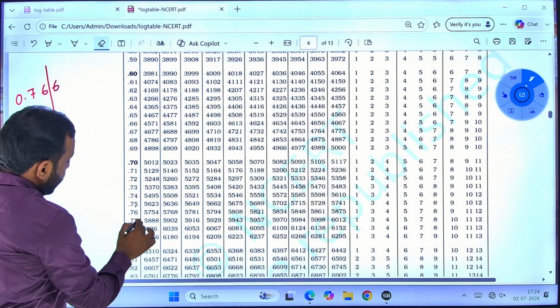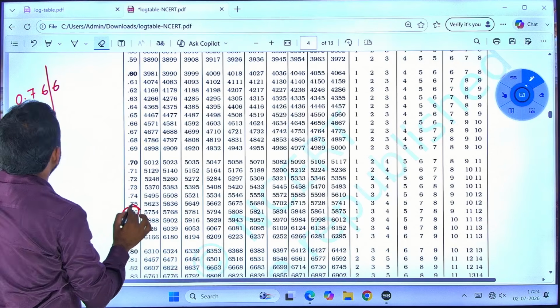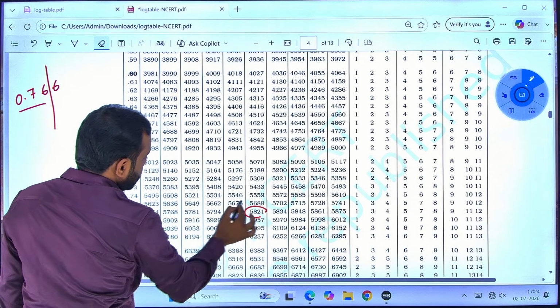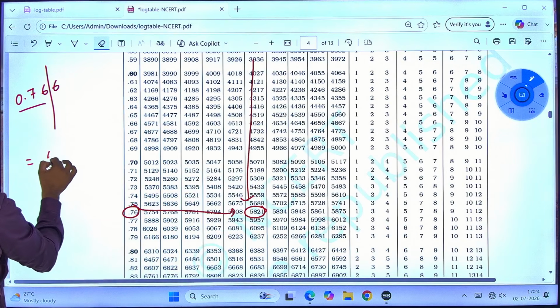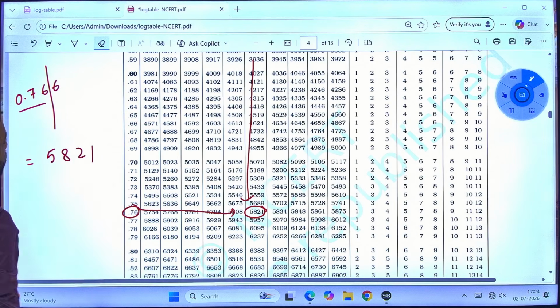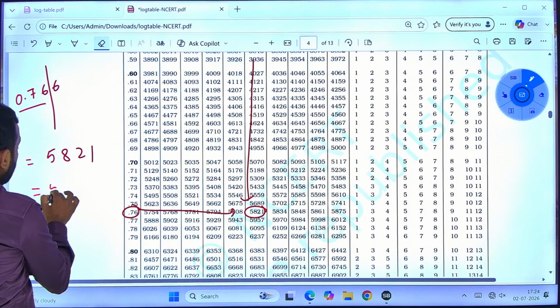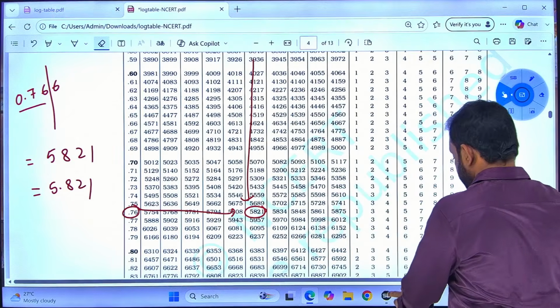So 0.76 under 6: 1, 2, 3, 4, 5, 6. So this is under 6. What is that? 5, 8, 2, 1. Clear, right? There is no other digit to take the mean difference. Obviously, we can write 5.821.